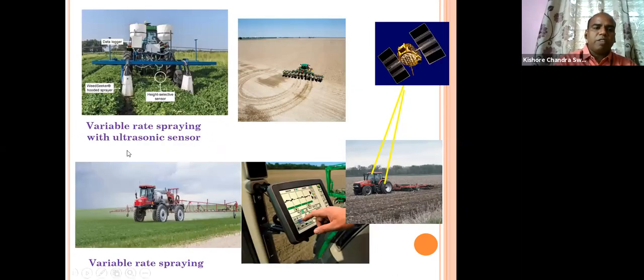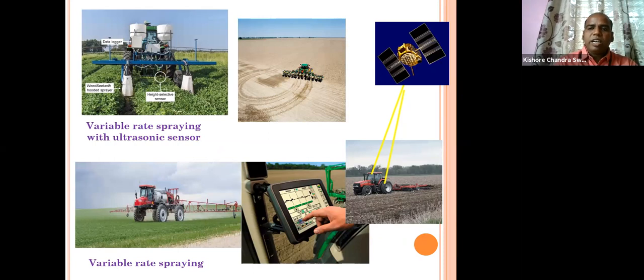We have different sprayers, variable rate spraying with ultrasonic sensors. If you use an ultrasonic sensor, you can measure the height of the plant, and we can apply the nutrients based on the presence of the plant.